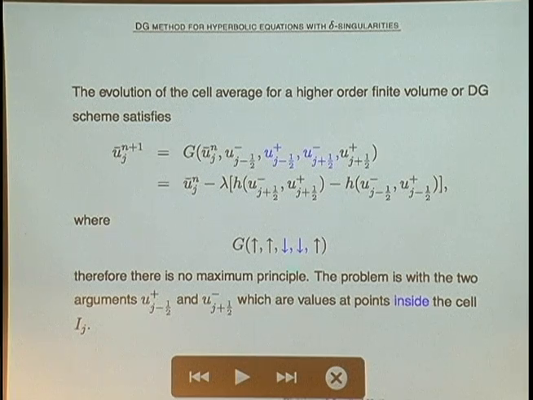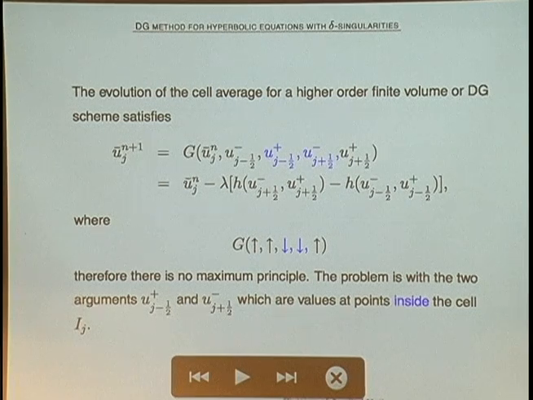Because you just have to deal with these wrong-going ones: make the other upgoing ones 0, for example, and the wrong-going ones positive, then you just get a negative number. So it's not enough to require that your polynomial at time level n have a cell average and boundary values in the bound. It's probably necessary, but it's not sufficient, because you can see this wrong dependency on these 2 values.